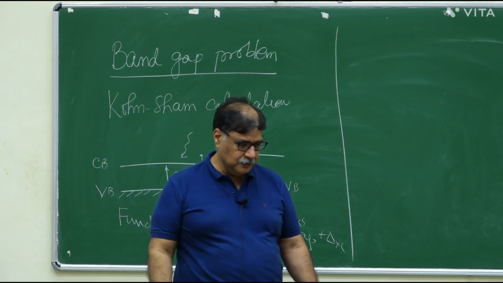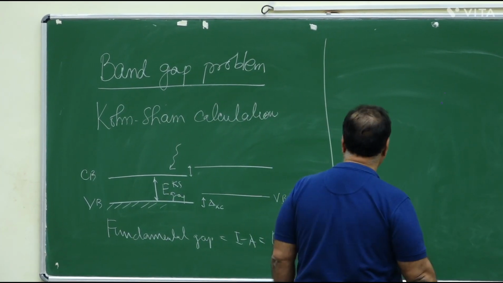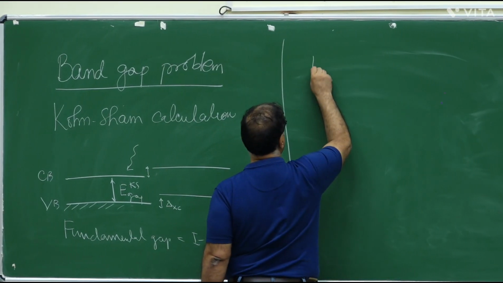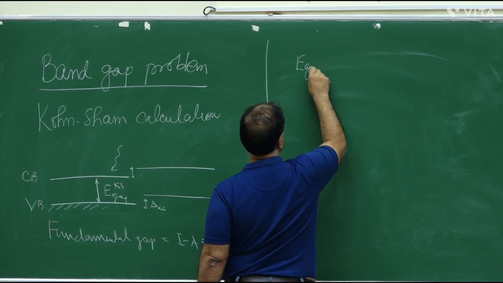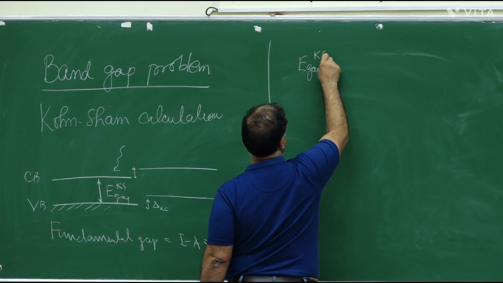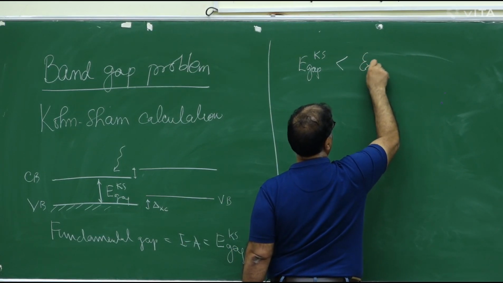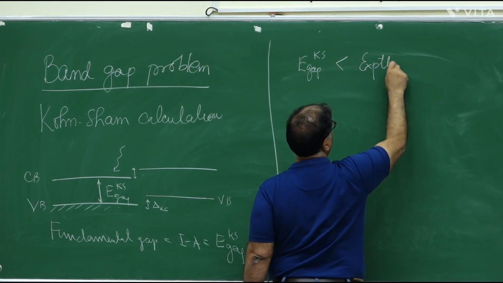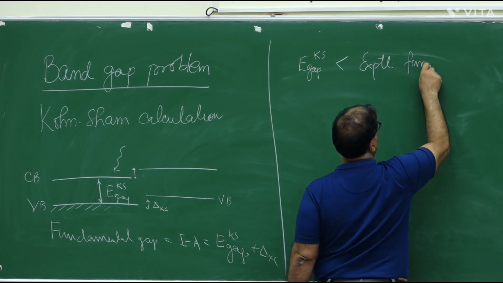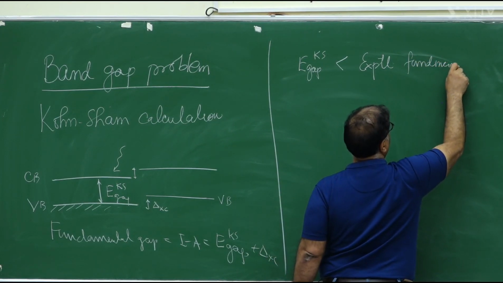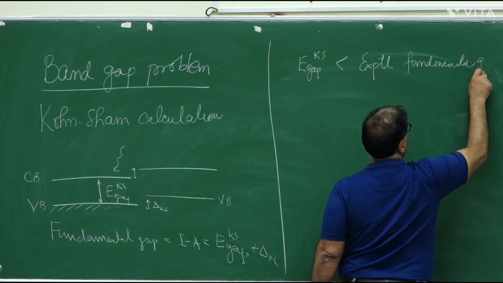So as far as Kohn-Sham theory is concerned, E gap Kohn-Sham is always going to be less than the experimental fundamental gap.